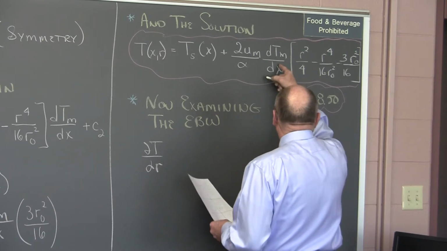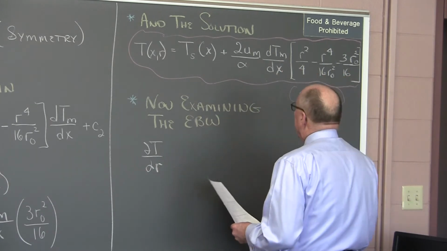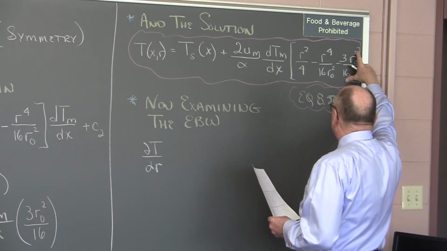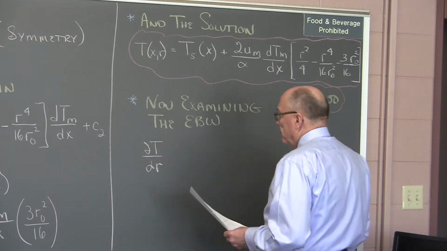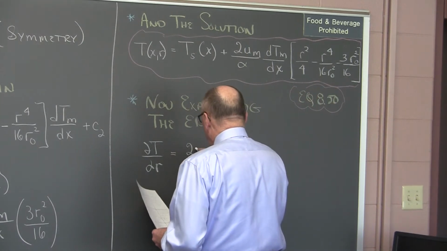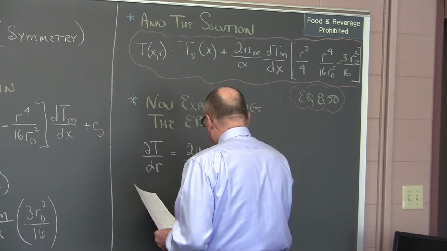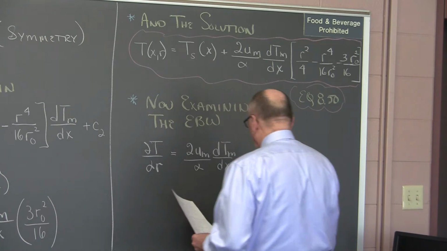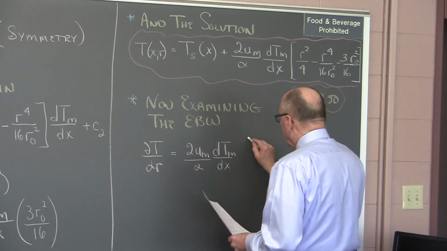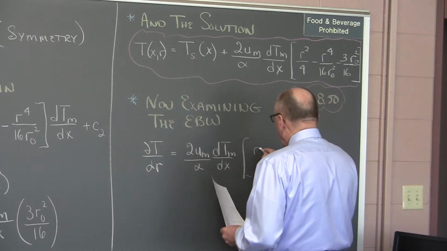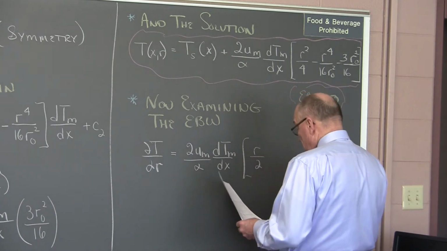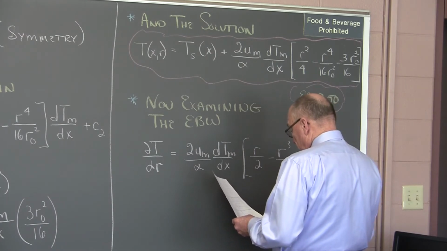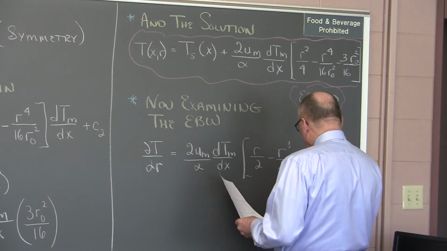This remains a constant. And now we need to take the derivative of this with respect to r. Well, this portion of the term is going to go away because r is not there. So we're going to be left with 2um divided by alpha times dTm/dx, the change of the mean temperature with respect to x, times r over 2 minus r cubed over 4r0 squared.